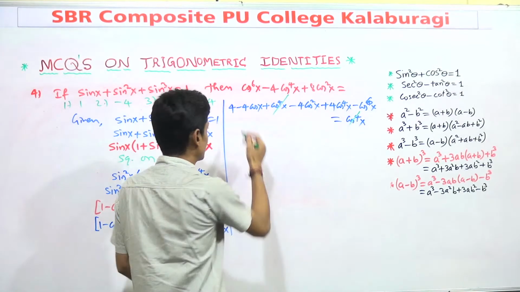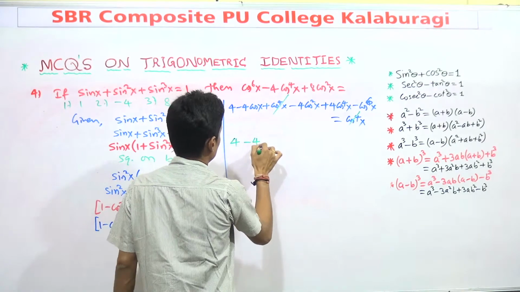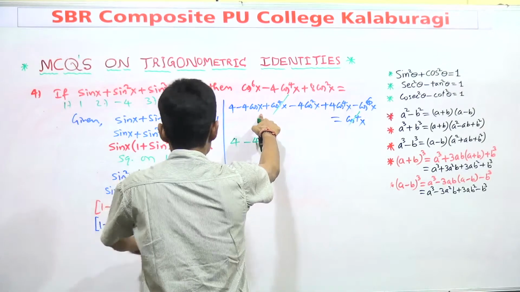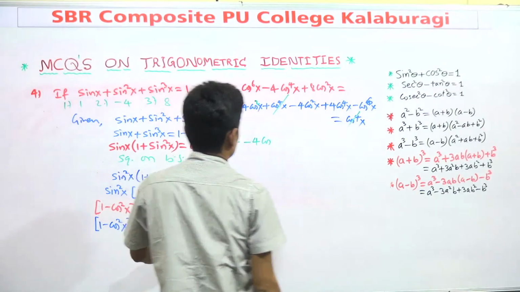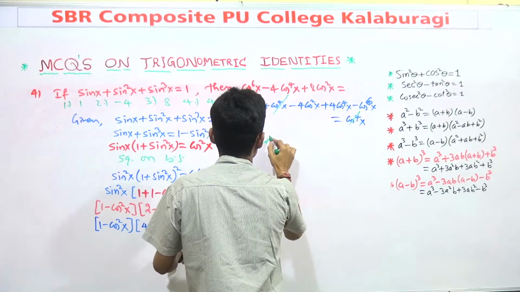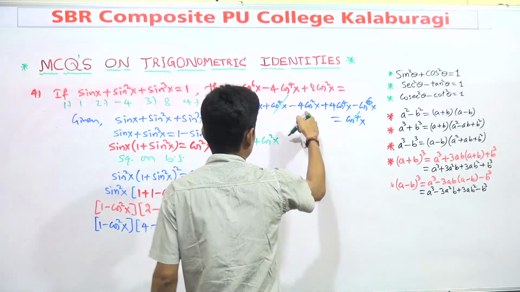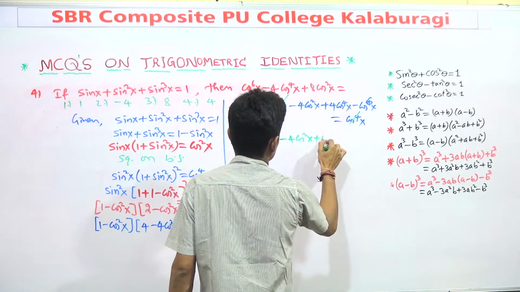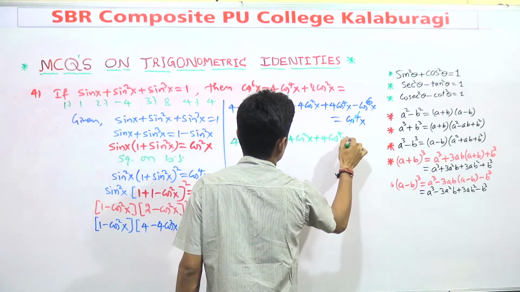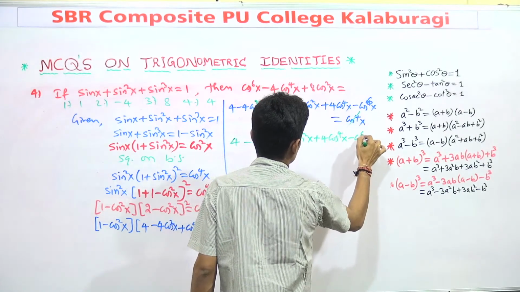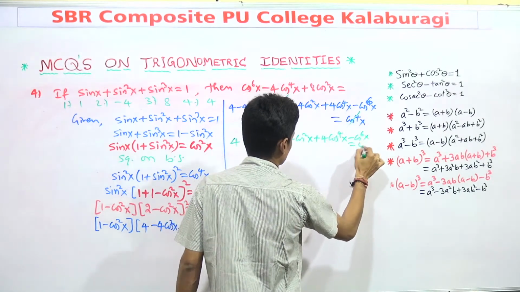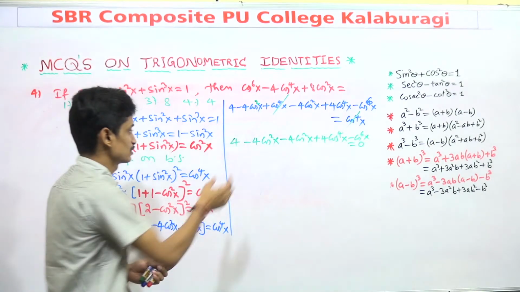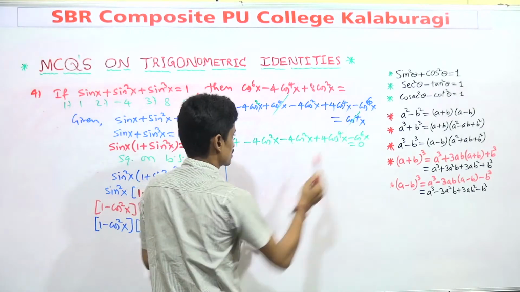What remains we write, that is 4 minus 4 times 1 into cos square x. This is cos square x. Now this will be minus 4 cos square x, and this side minus 4 cos square x, and this side 4 times cos power 4x. One more term is cos power 6x, equal to nothing remains, 0. Multiplying minus sign on both sides. Before that we can add, first the highest power.